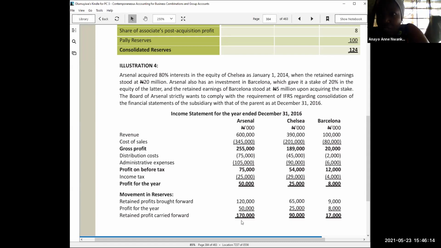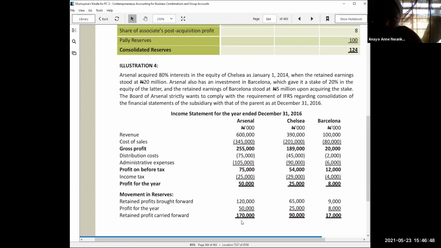Income statement for the year ended December 31, 2016. Every figure in million naira. Revenue: Arsenal 600, Chelsea 390, and Barcelona 100. Cost of sales: 345 for Arsenal, 201 for Chelsea, and 80 for Barcelona. Gross profit: 255 for Arsenal, 189 for Chelsea, and 20 for Barcelona.